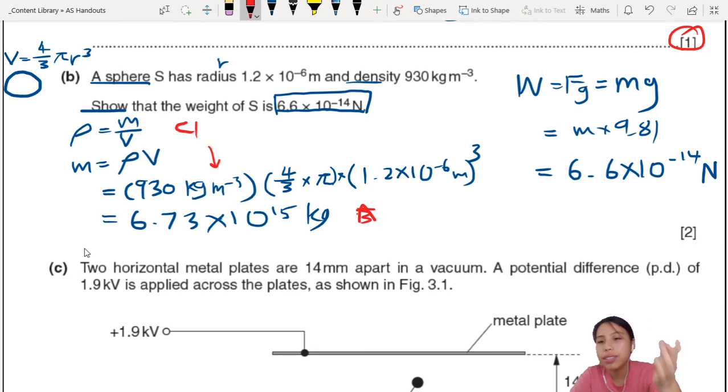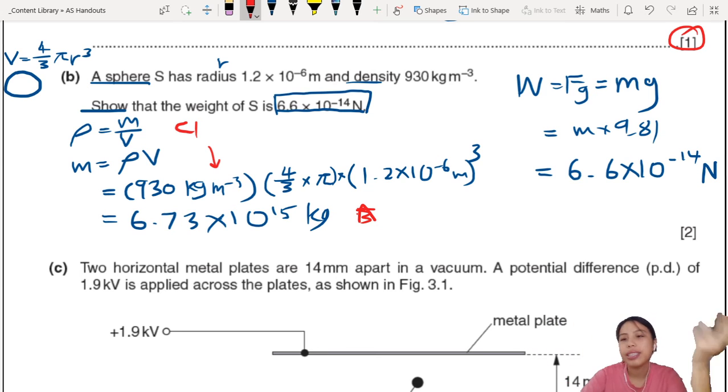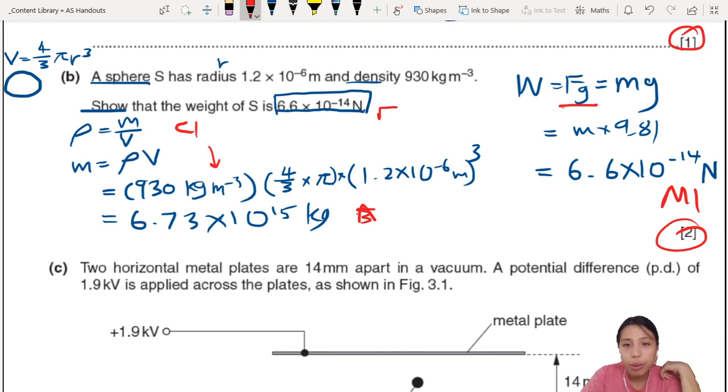There we go, so we have a C1. And finally, if you write everything down, then you get your final M1 mark here. M for method, to show that you found mass and then you found weight. If you check and it matches, then you're good. Shown. Therefore, it is shown how you got the answer.